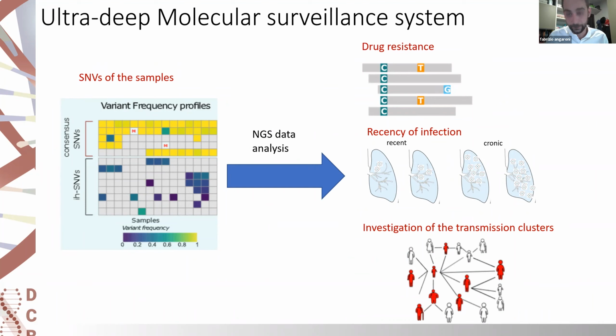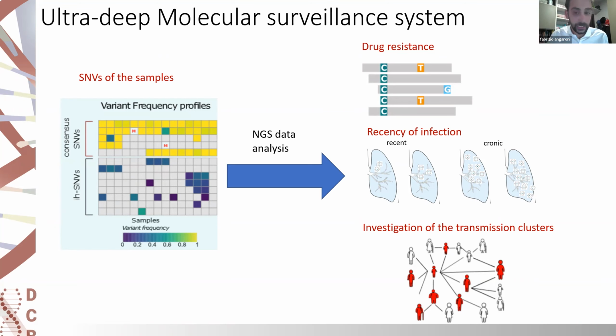With consensus sequencing, you will not find this mutation. Instead, with ultra-deep sequencing, you can look at this mutation and change, for example, the therapy. Or you can understand the resistance of an infection. In fact, during a chronic infection, there are a lot of mutations in your body, so you can observe a different heterogeneity of the quasi-species in our sample.